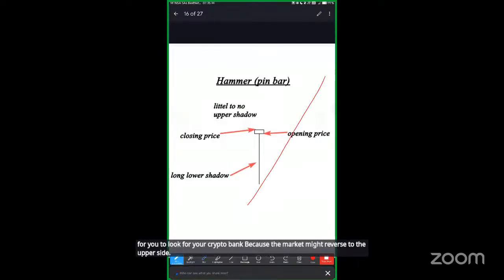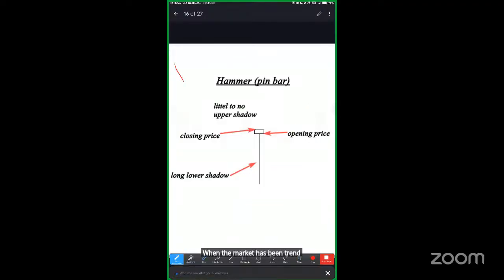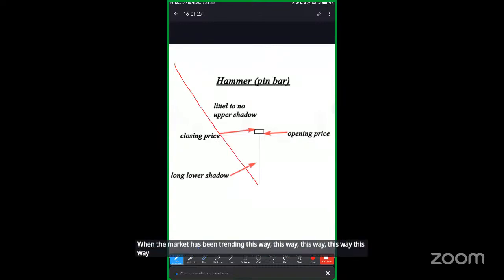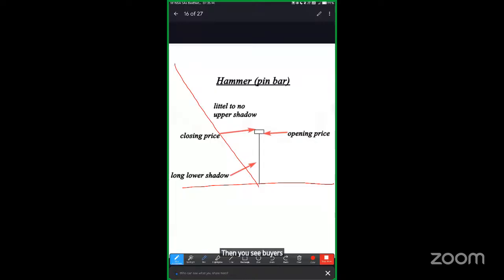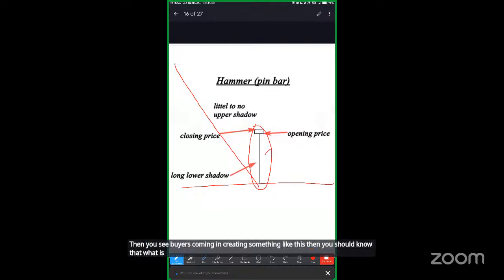When the market has been trending this way, this way, this way, then it reaches the peak of the downtrend. Then you see buyers coming in, creating something like this. Then you should know that what is going to follow here is a struggle, a little bit of a fight. Buyers must make sure that they have indeed taken over this movement of price so that they can push it to the upper side.